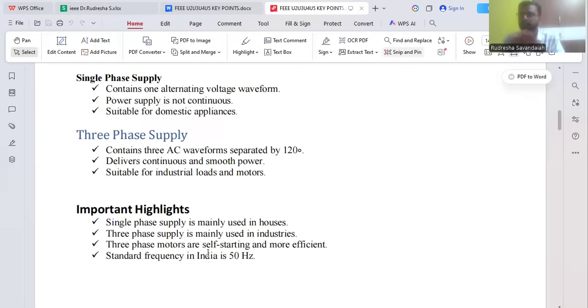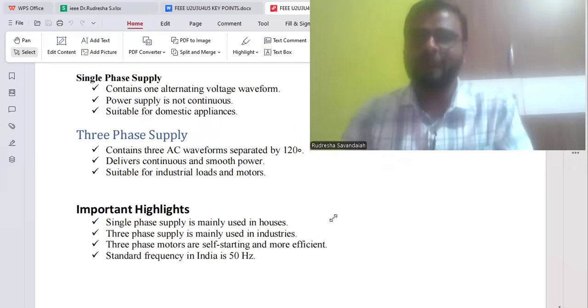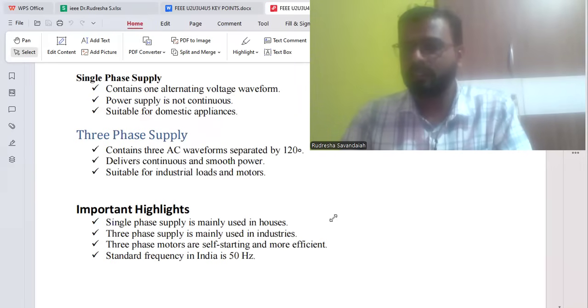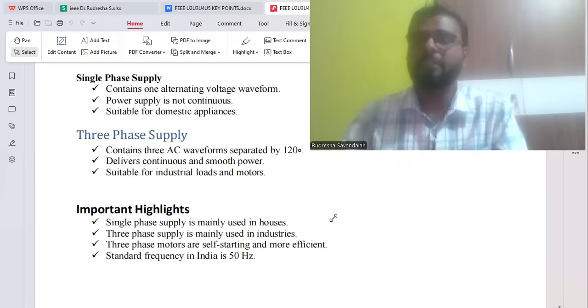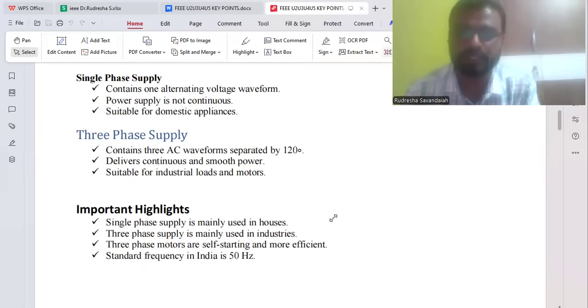Single phase is the majority used for domestic applications.